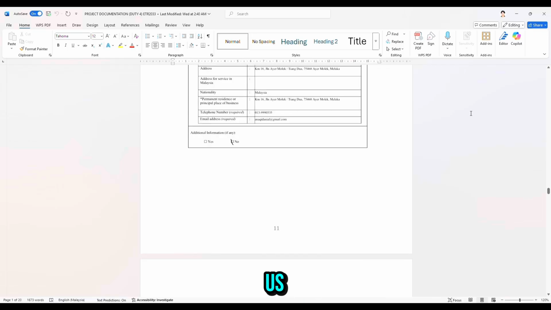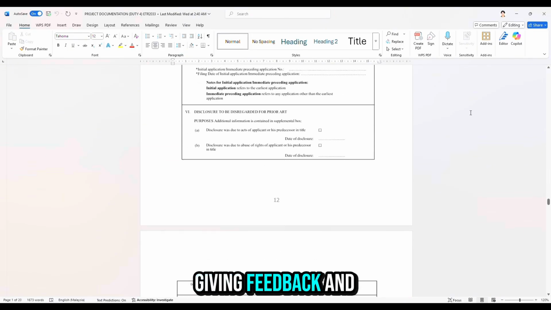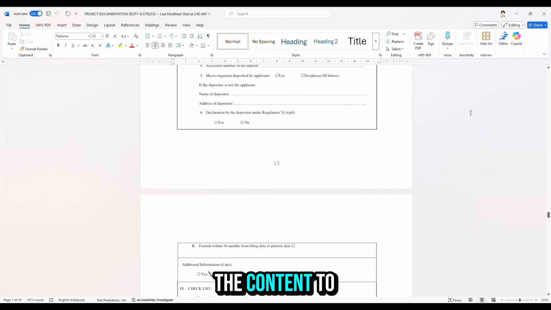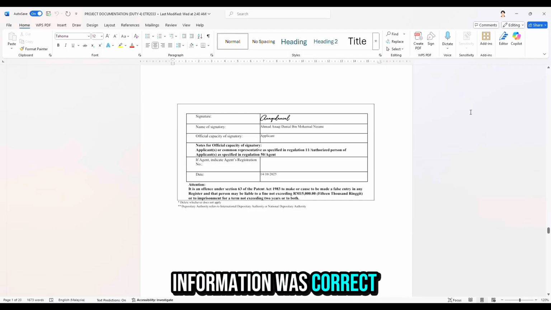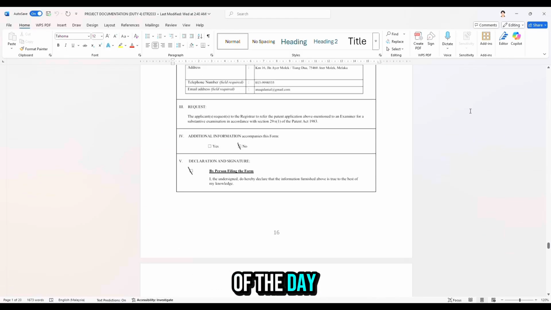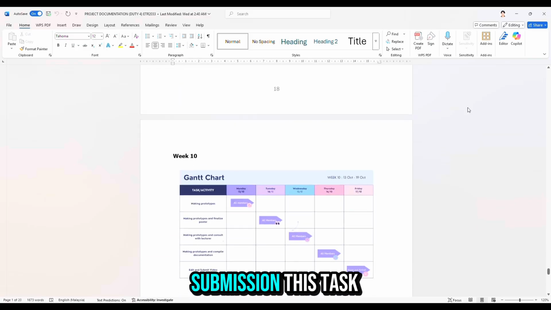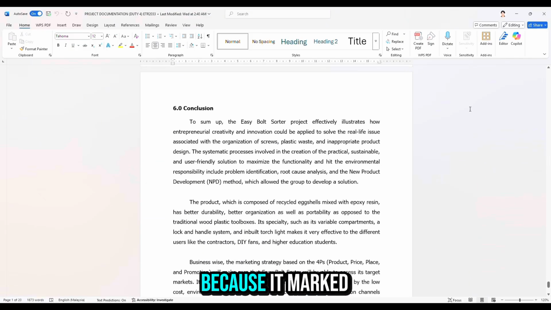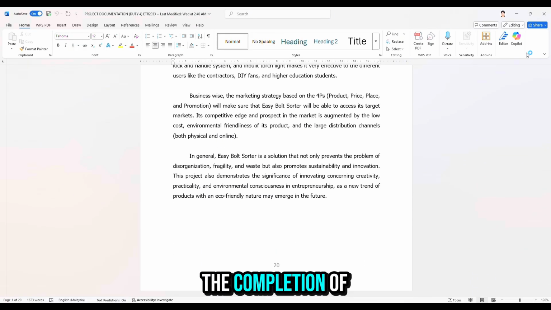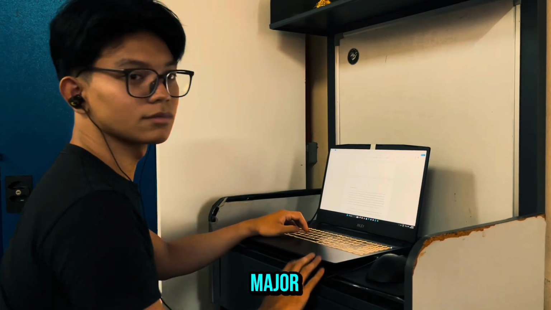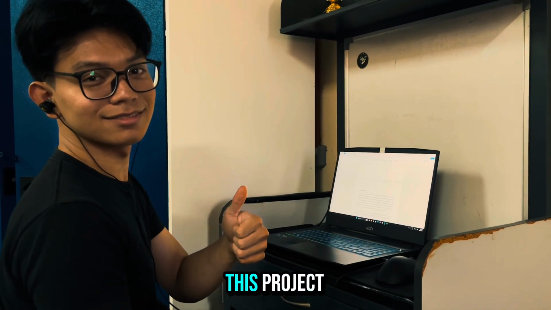The rest of us supported them by giving feedback and reviewing the content to make sure all information was correct. By the end of the day, the documentation was finalized and ready for submission. This task was important because it marked the completion of one of our major written components for this project.